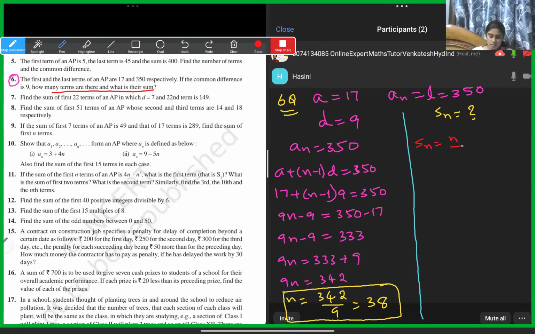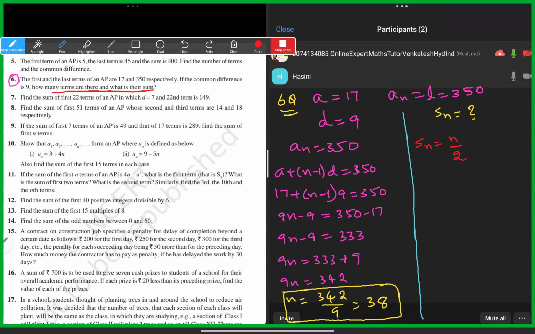Understood, Asmi? Can you hear me? Yes, sir. So n by 2 into... Here I can use the second formula and also the first formula. Both we can use because a and d we have, so n also we have. We can use the first formula.